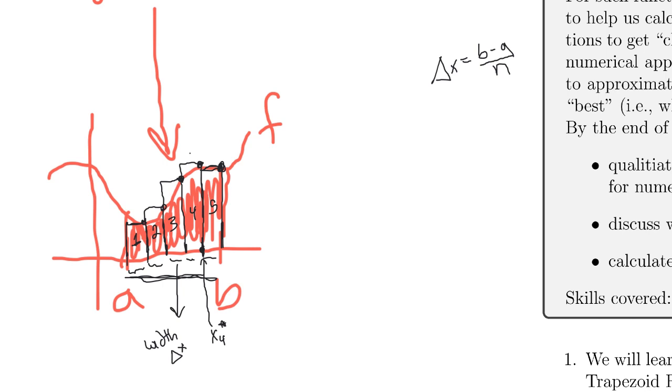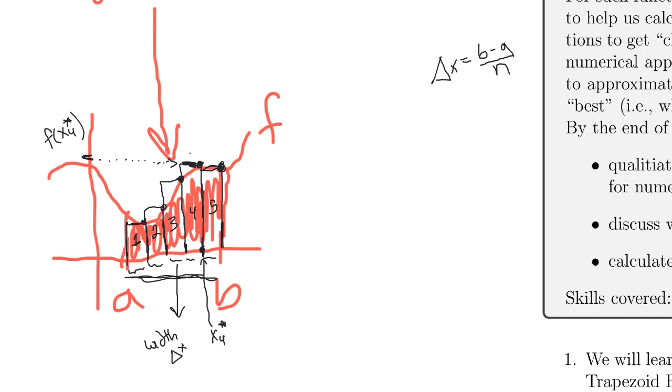Specifically, in this case, it's the right endpoint of that 4th little subinterval. And then I would plug that into the function. So when I say that I would use that height at the function, what I really mean is that I'm calculating this height up here, and that height right there is f of x sub 4 star.